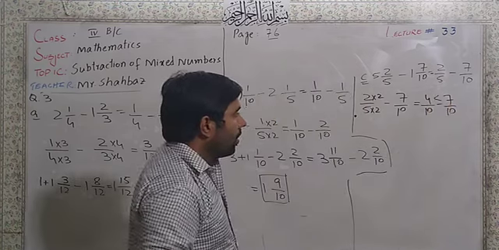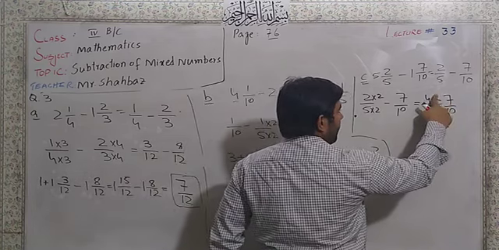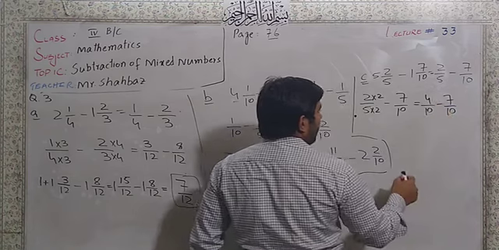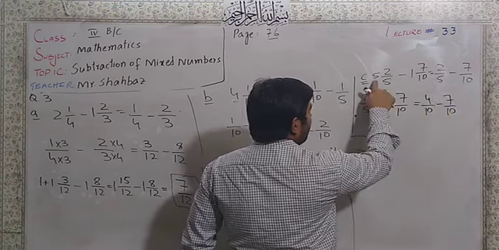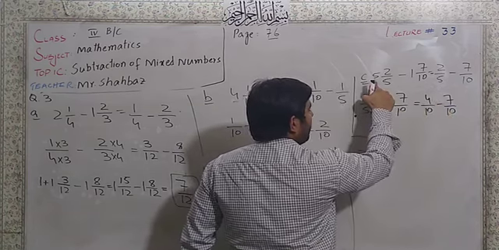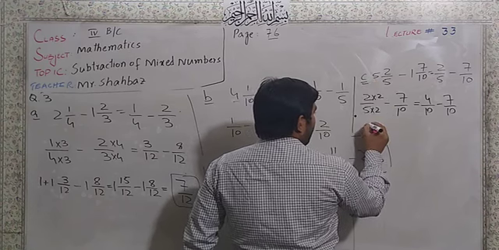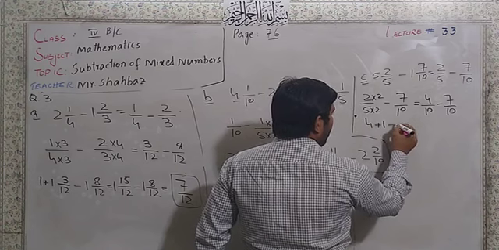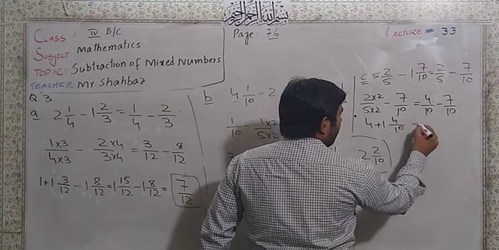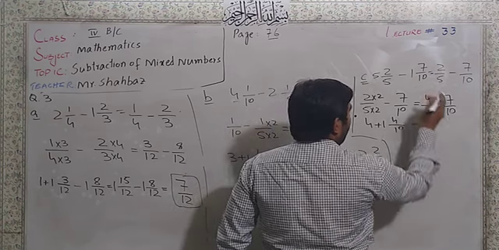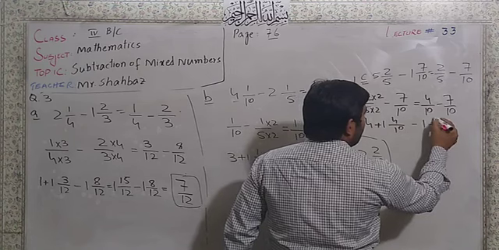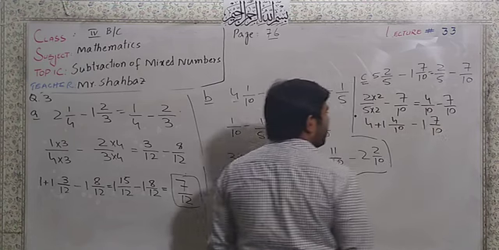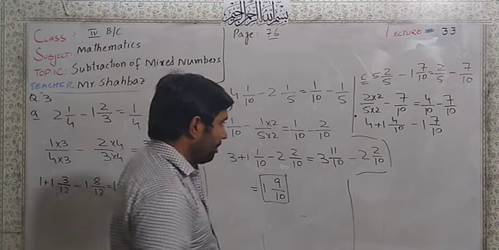So we will make the whole number and then we will subtract. Whole number of this fraction is 5. We can write 4 plus 1. 4 plus 1 and this fraction 4 over 10 minus this whole 1 and 7 over 10. Okay.